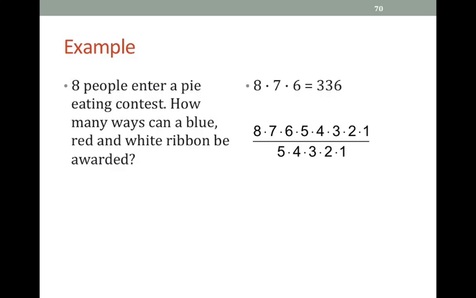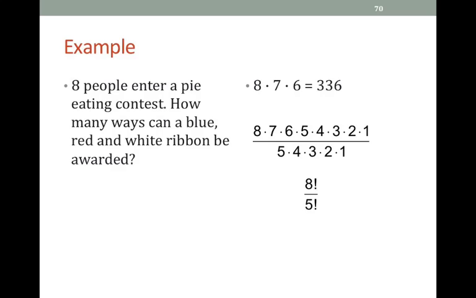Now why would we add the 5 times 4 times 3 times 2 times 1? Because then you start looking at things that look like factorials. And then we can use some nomenclature with factorials, which is really simple and quick to write. So how could we simplify this? We can see that the 5, 4, 3, 2, 1 cancel out, leaving the original 8 times 7 times 6 that we had. So one way to write this would be just 8 factorial divided by 5 factorial. That way we get those 5, 4, 3, 2, 1s to cancel out.